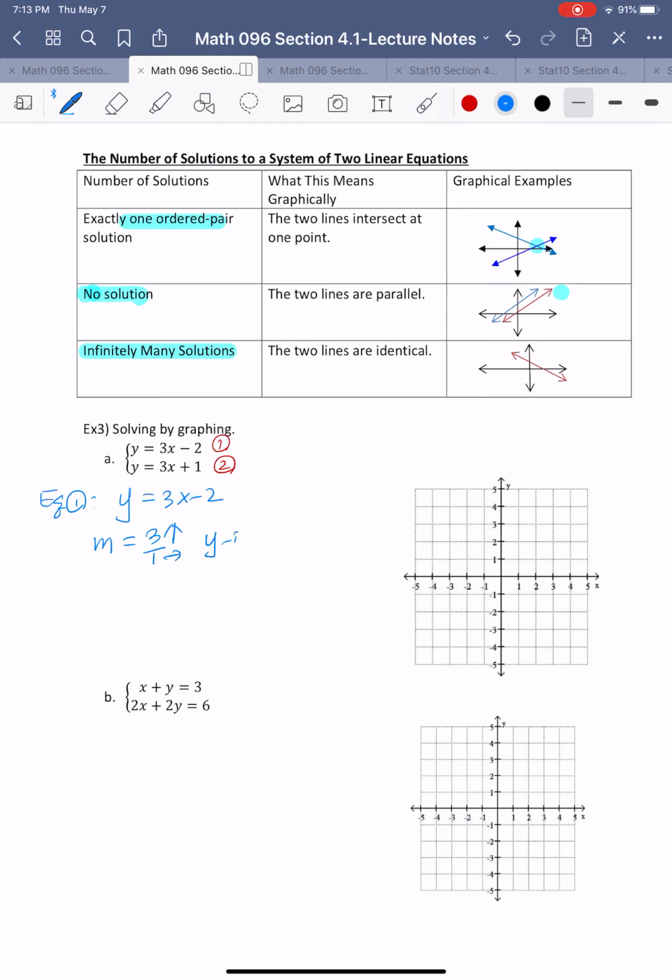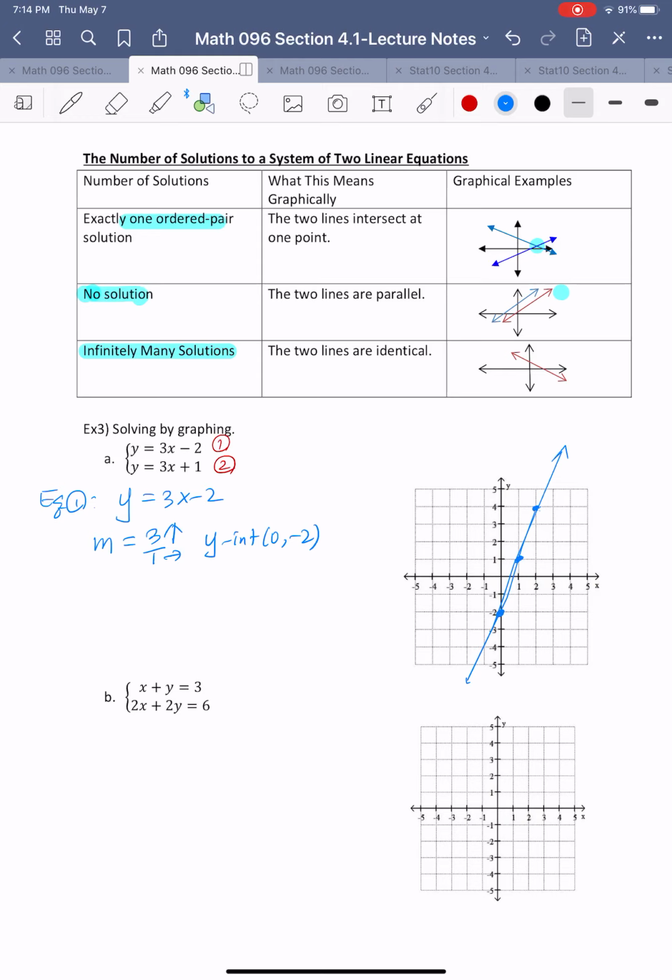And then the y-intercept is 0 and negative 2. So from 0, negative 2, and then I need to go 1, 2, 3 by 1. One more, from here 1, 2, 3 by 1, and then you can just connect them through a nice line.